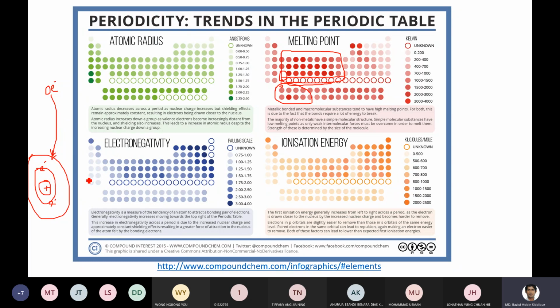How much energy will it release? Why will it release energy? Because this electron is required or needed by this atom. It needs to move towards the ideal state, the noble gas state.